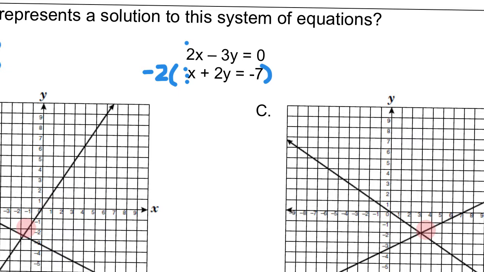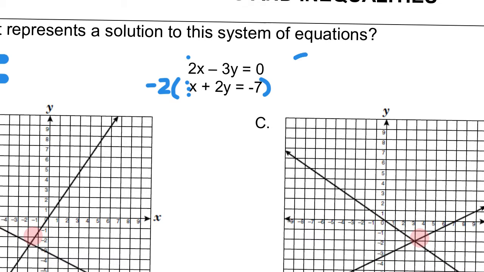So I'm going to rewrite the original equation of 2x minus 3y equals 0. And now I will distribute this -2 to each term so that I can eliminate the x's.